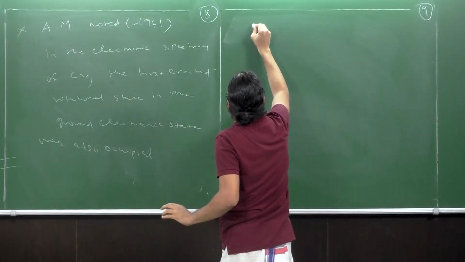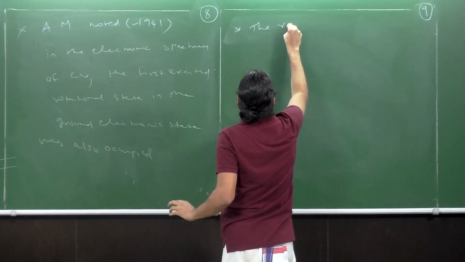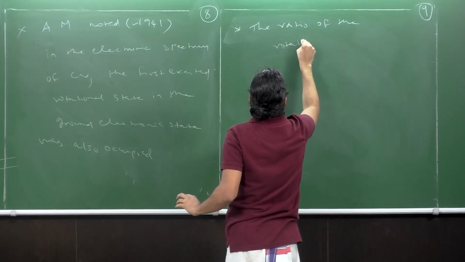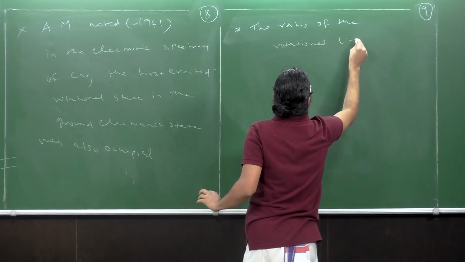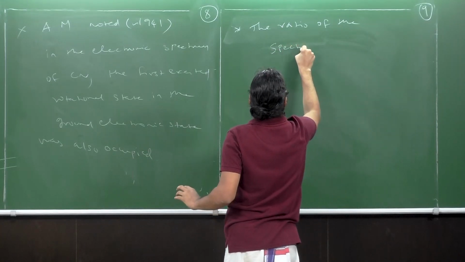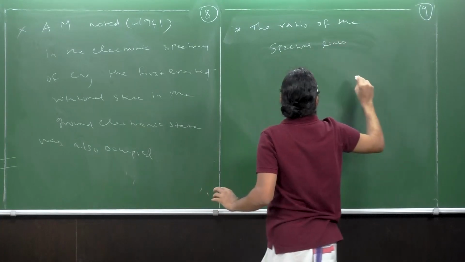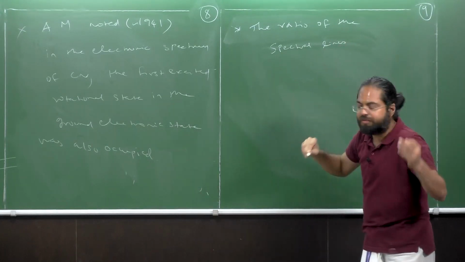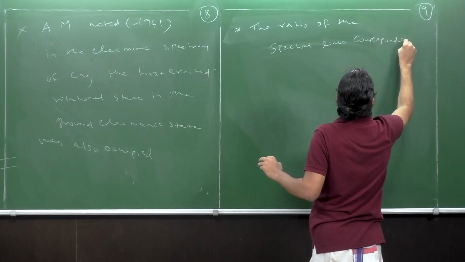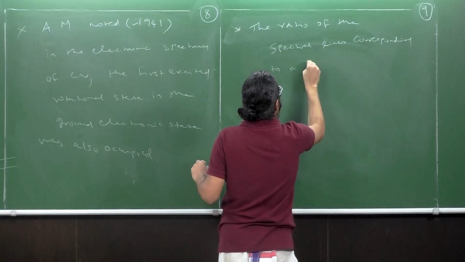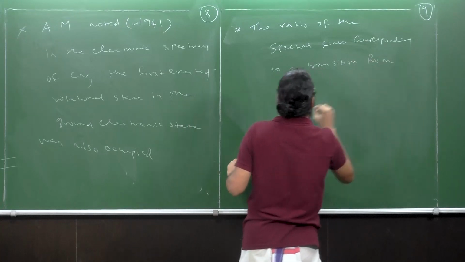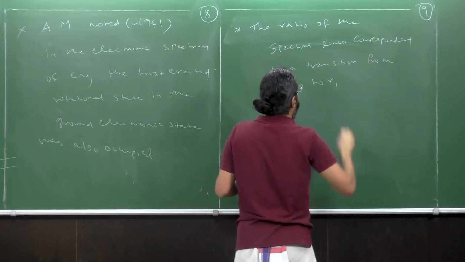He saw that the ratio of the rotational lines, I mean the spectral lines, so the ratio of the spectral lines corresponding to a transition from R0 to R1.